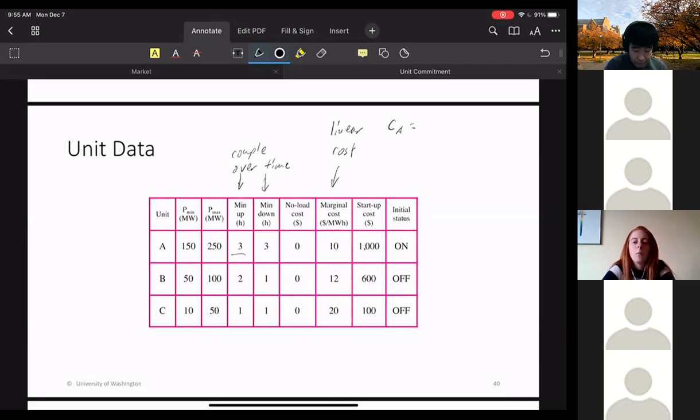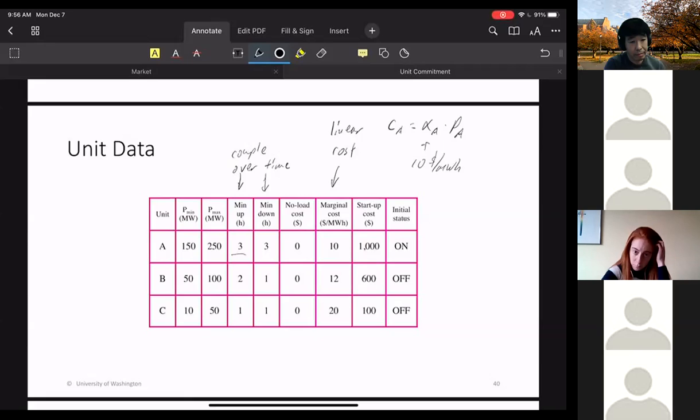Let's call this alpha A times PA. So this alpha A is the linear coefficient. This is, for example, $10 per megawatt hour. So here, instead of a quadratic cost function, we'll just have a linear cost function. Okay. Right? Make things easier to look at.